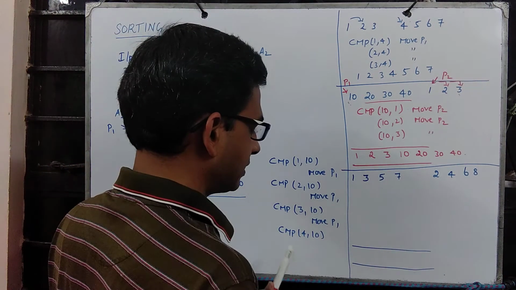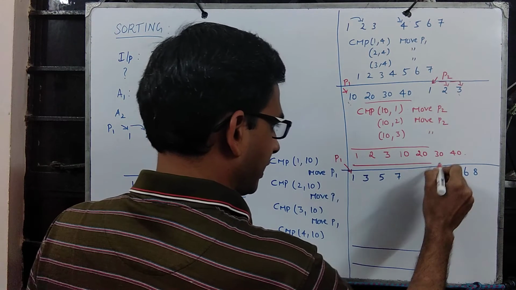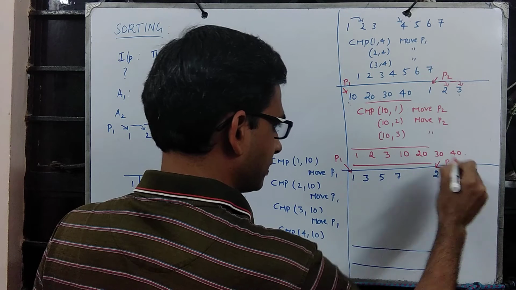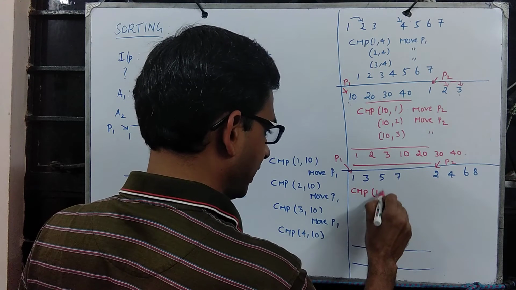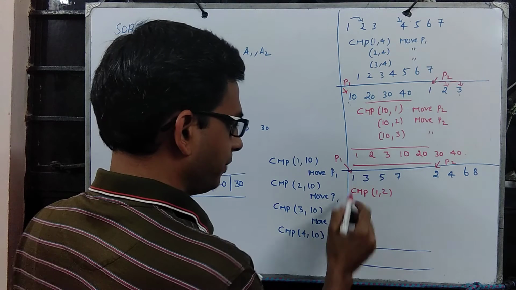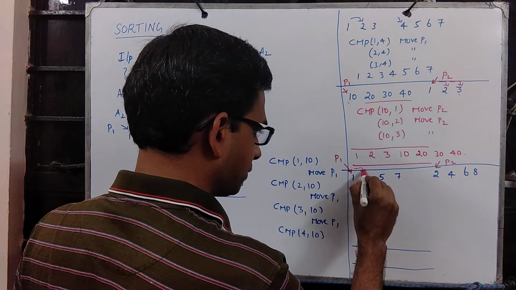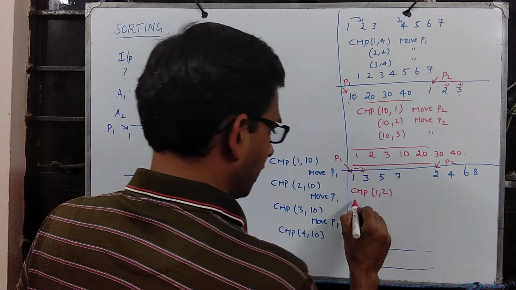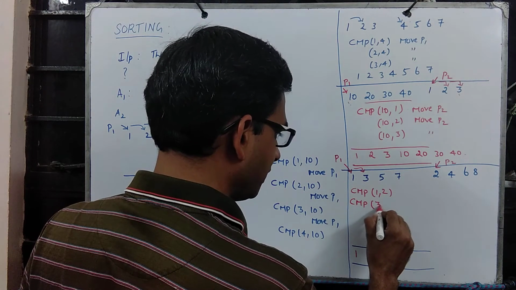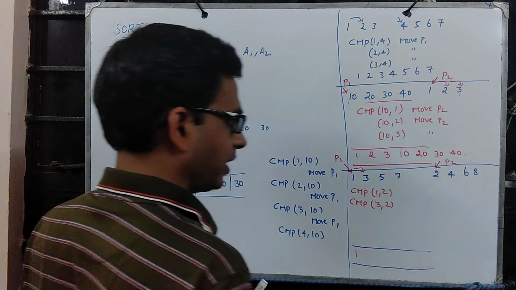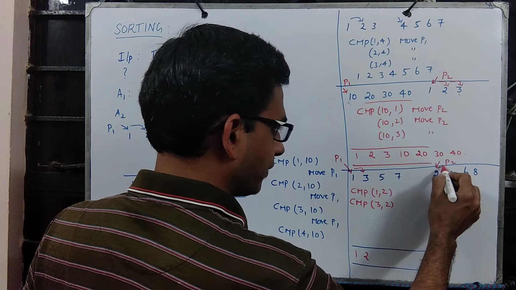As always, P1 is pointing to this and P2 is pointing to this. We compare 1 and 2. Now the minimum comes from this, so place the minimum here and update this pointer. After that, what happens? We compare 3 and 2. Now you see that the minimum comes from this, so we move this pointer.